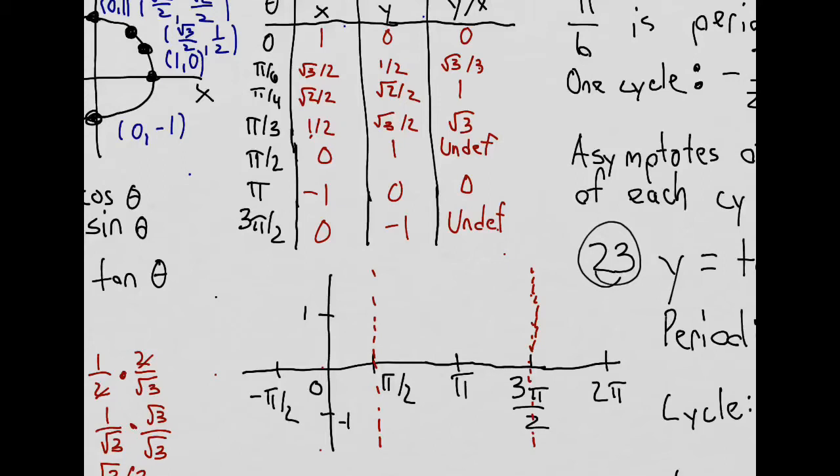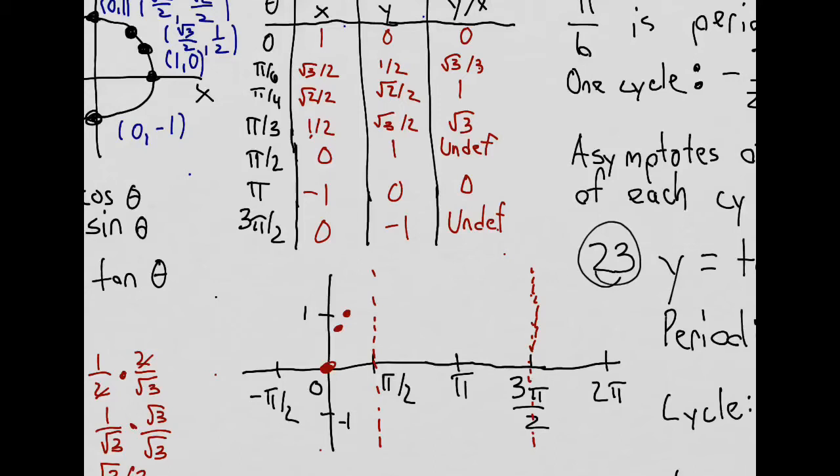So 0, it's right there. Pi over 6, well, it's a little bit over. Square root of 3 over 3 is not a big number. It's less than 1. I'll put it right about here. Then I'm going to go pi over 4, which is kind of in the middle here, is exactly at 1. And then pi over 3, which is over a little bit more, is the square root of 3.